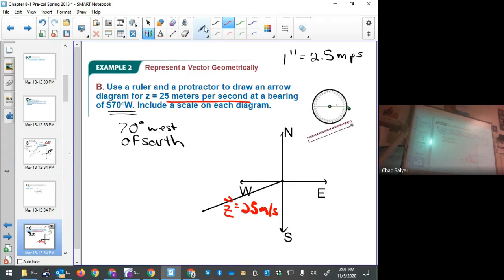Sure. All right, so we want to start with southward. Start here. And then you see how 90 is what we start there, and then go down to 20. So just put a point right there, and that tells you where to go. And then you'll have to use a different scale. So you can say 1 inch equals 10 meters per second.